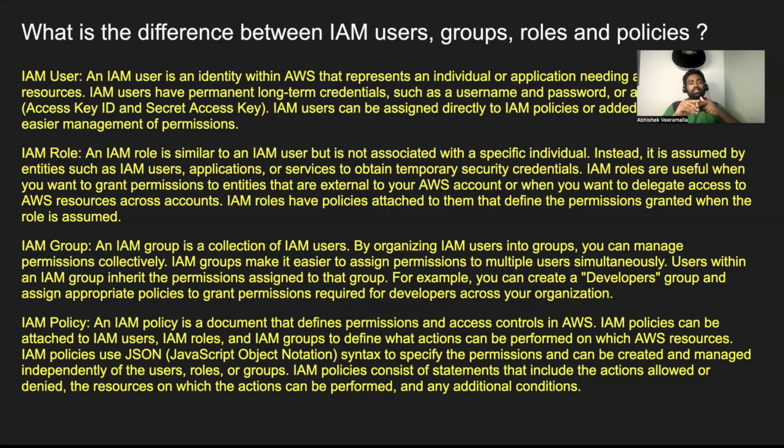Then what are groups? Instead of doing these policies for each and every user, you can just create a group called developers, and whenever a new person joins the development team, just create a user for them and add that user to the developers group. If you are not using groups, what will happen is, if there are 500 IAM users, all developers, and all of them request at once, hey, we want access to one more resource, then you have to sit down and keep adding that specific policy for all 500 IAM users.